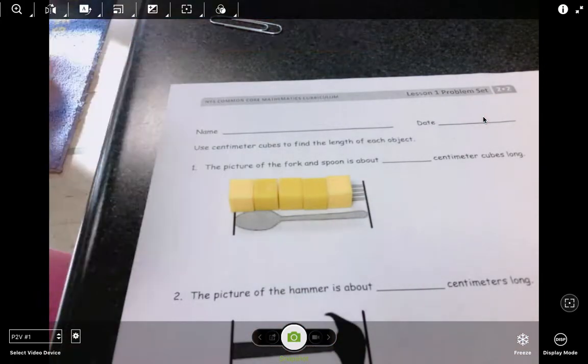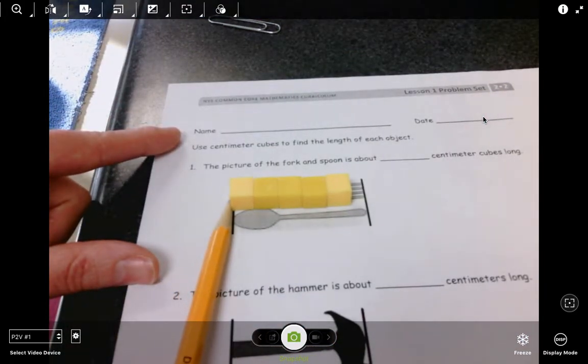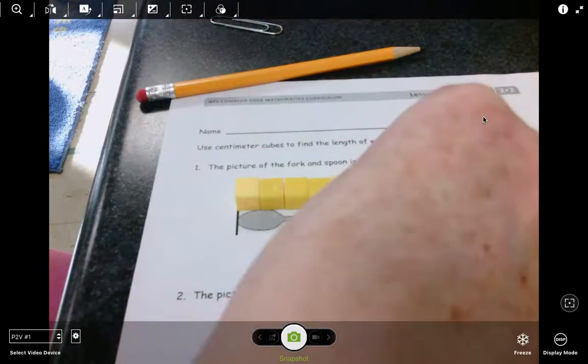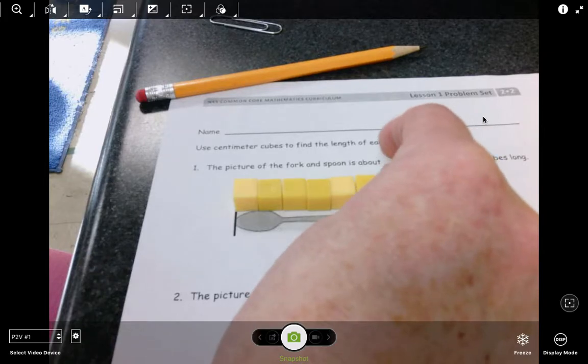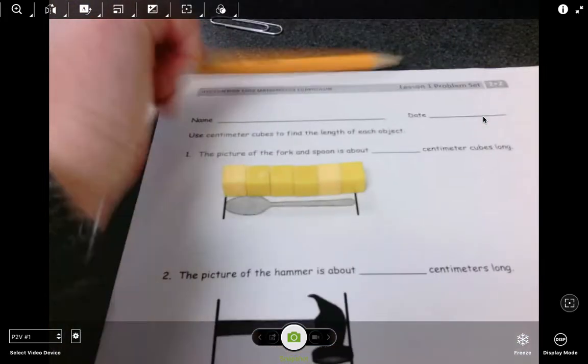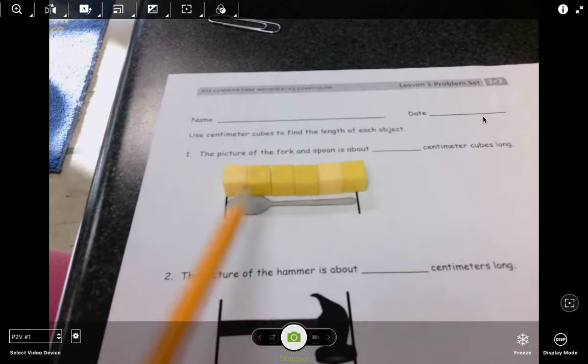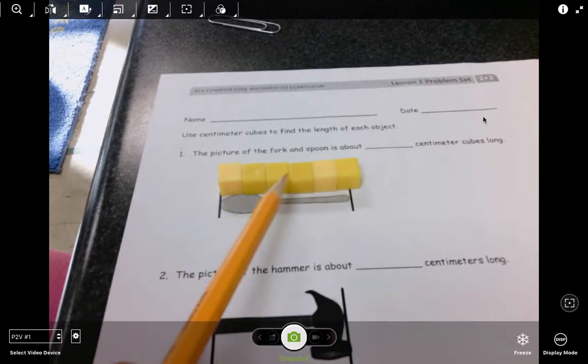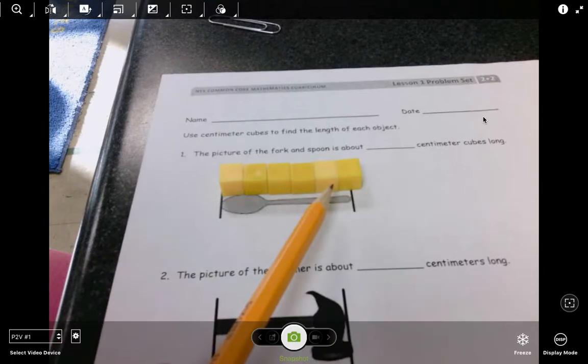Let me push this over just a little bit. So this one here, I'll go to my endpoint. 1, 2, 3, 4, 5.